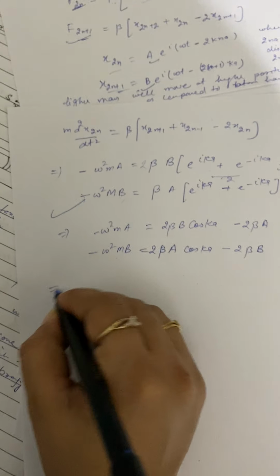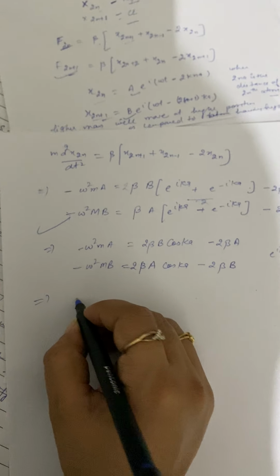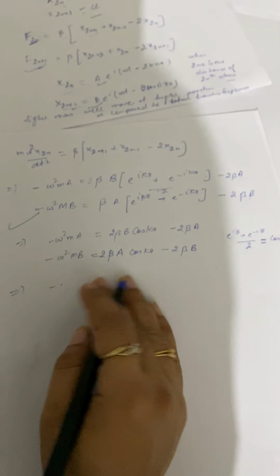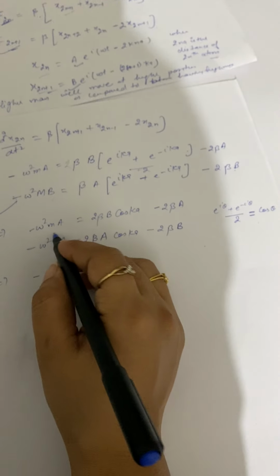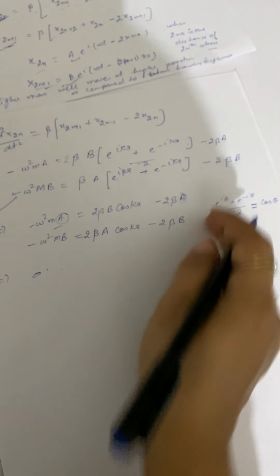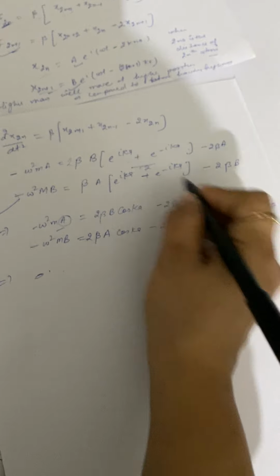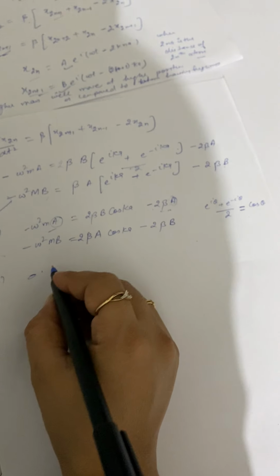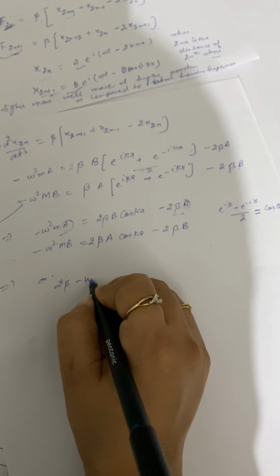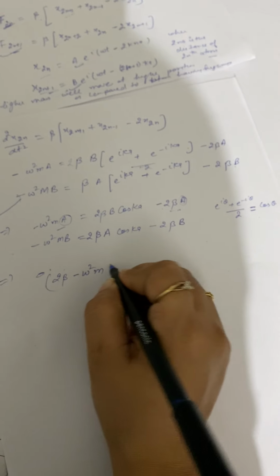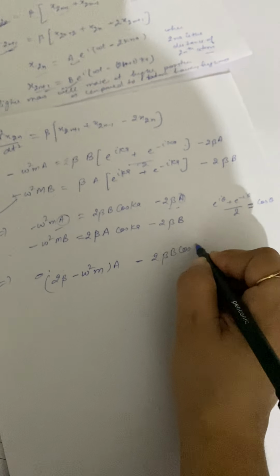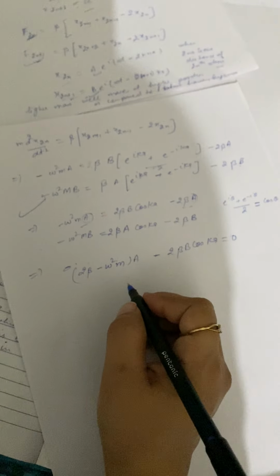So by taking this factor on the right hand side, on the left hand side we will have, here it is a, here also. So when we take this term on the left hand side, it will become positive: 2 beta minus omega square small m times a, minus 2 beta b cos ka, is equal to 0.